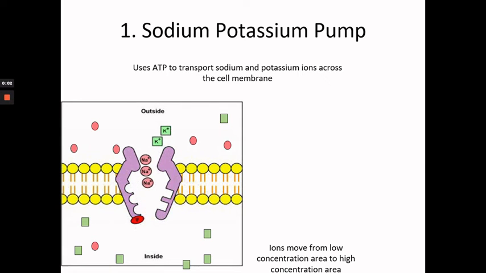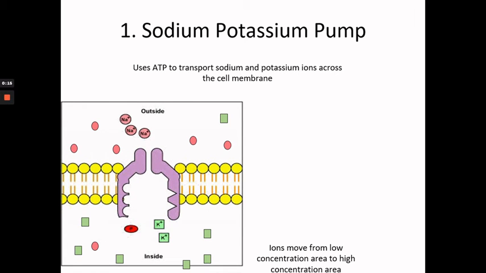The first example of active transport is the sodium-potassium pump, which is very important for our cells because it helps to move sodium ions out of the cells and bring potassium ions inside the cell. Now, how does this happen?